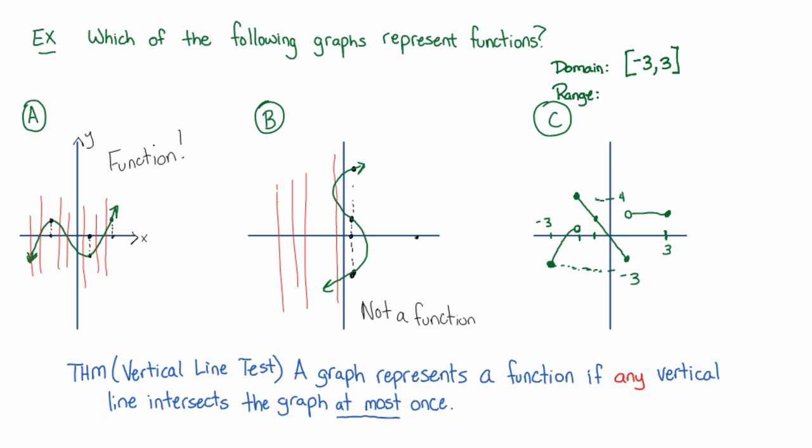In other words, for +4, here's part of the graph right here. For whatever this x value is, there's a part of the graph right here. For whatever this x value is, there's a lot of the graph right there and part of the graph right there. So the range will go from the lowest possible y value to the highest possible y value.